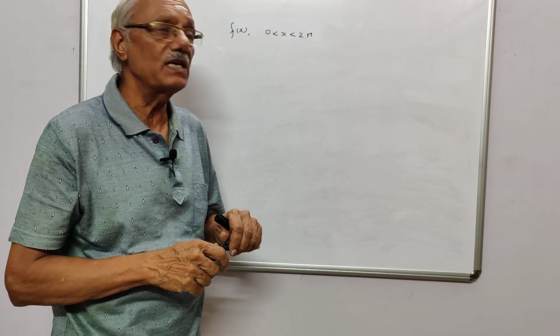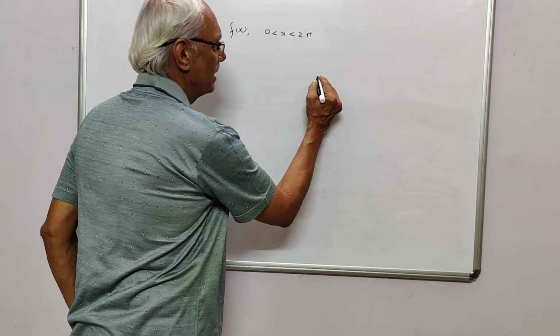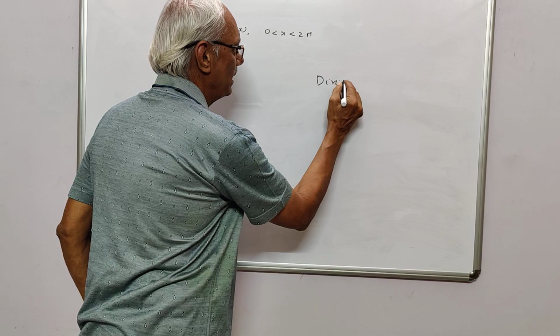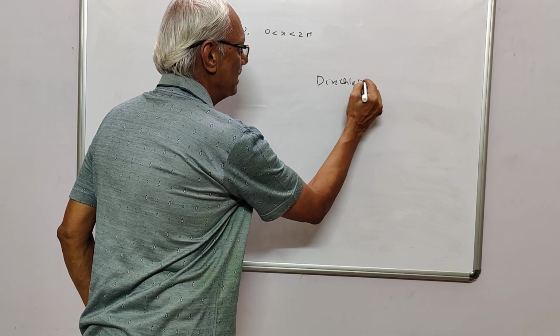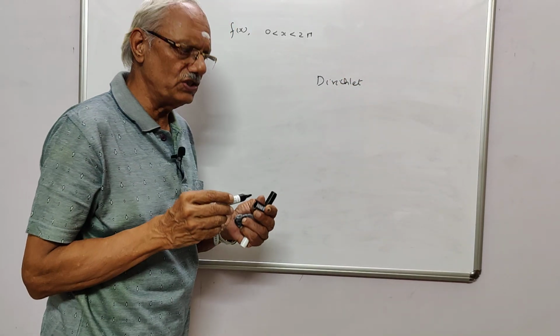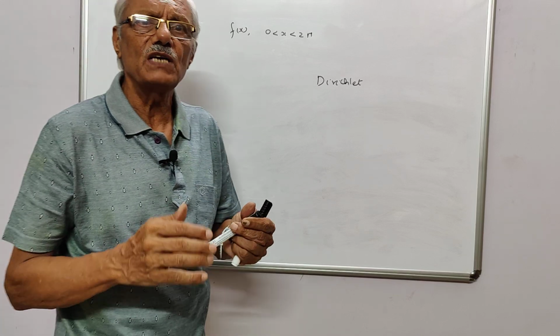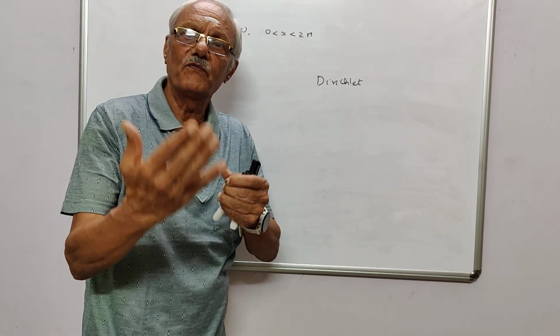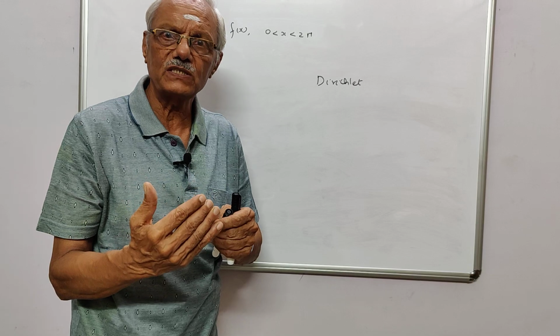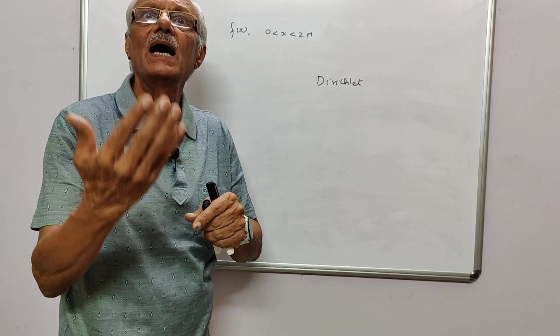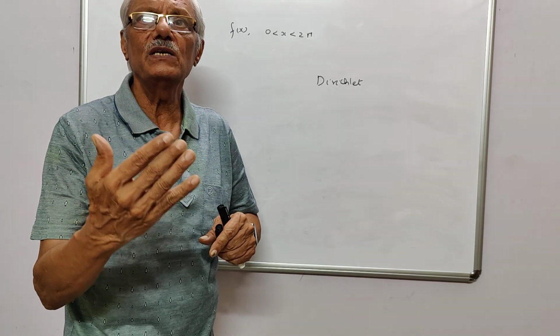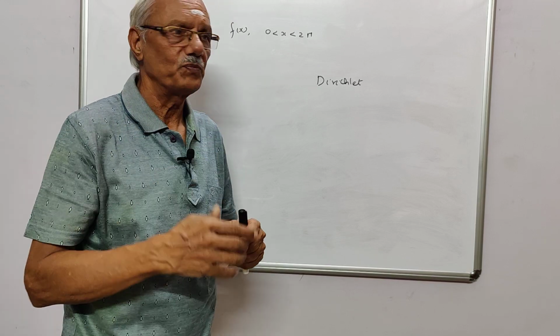In the sense, Dirichlet conditions are there. D-I-R-I-C-H-L-E-T. So Dirichlet conditions are the conditions which are to be satisfied by a function f of x to be expressible as a series in sine and cos.